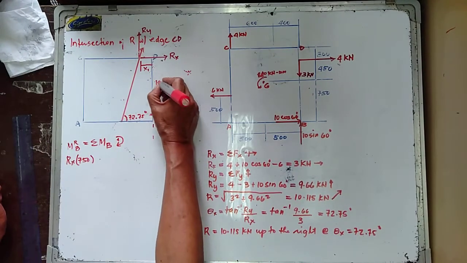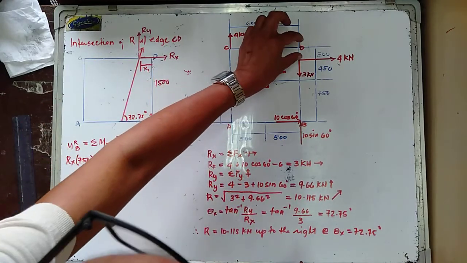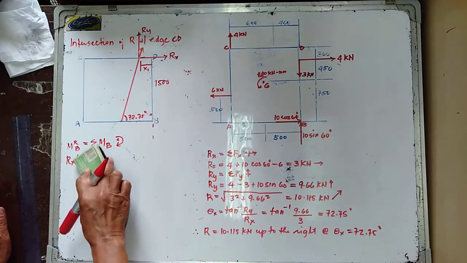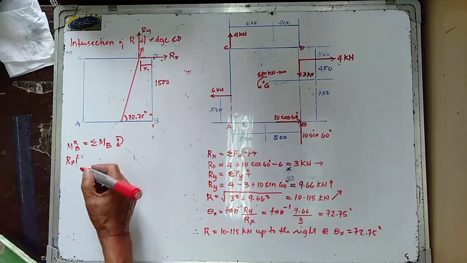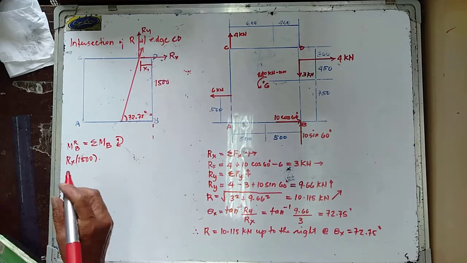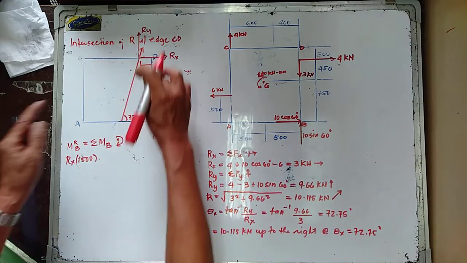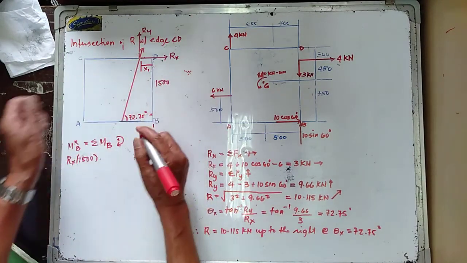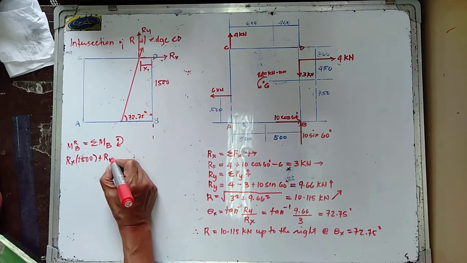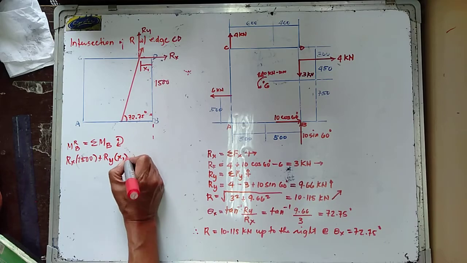Okay, so Rx is going clockwise about point B plus Ry multiply this one by x1.